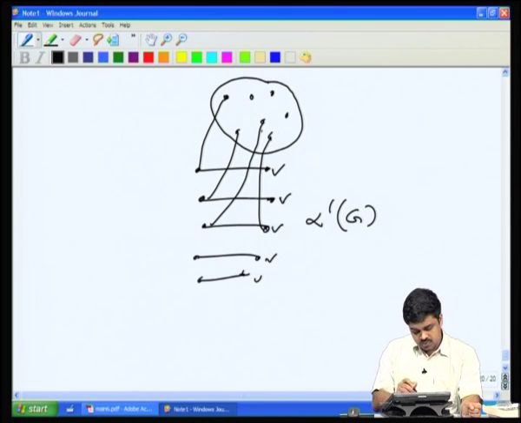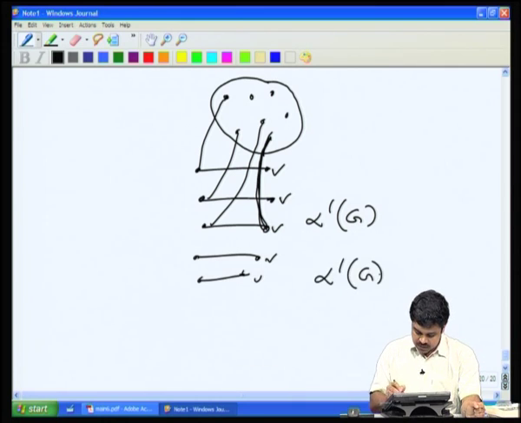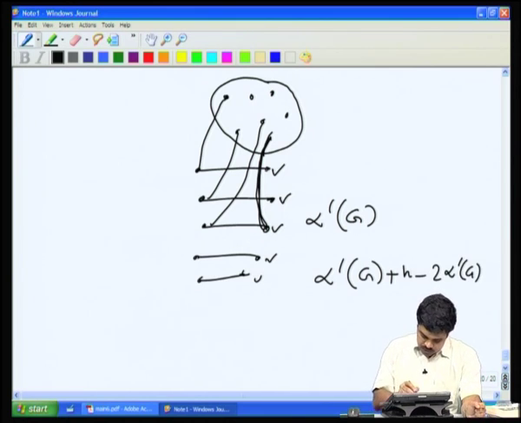So to match each of them, I can pick up an edge connecting it to one of these vertices. So what do we get? We get alpha dash of g plus what is left here, n minus 2 times alpha dash of g, because 2 times alpha dash of g vertices are over.